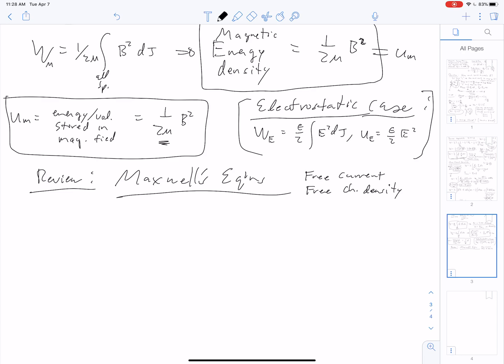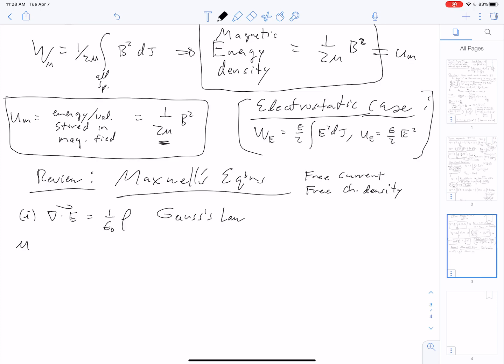And so what we have now is we've looked at del dot E. We know that the divergence of the electric field is 1 over epsilon naught rho. That's Gauss's law.